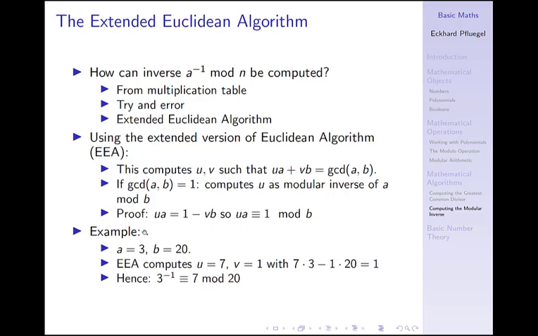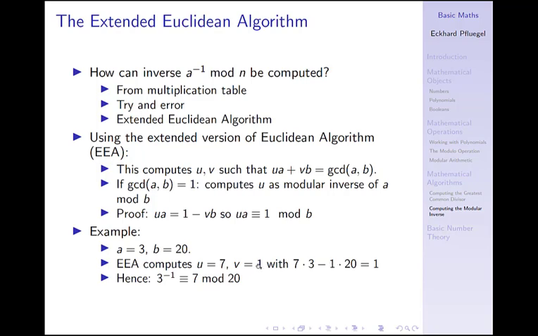So if you look at the example from the previous slide again, we had A equals 3 and B equals 20. If we launch the extended Euclidean algorithm, it will compute numbers U equals 7 and V equals 1, such that, so if you compare this now, it's the linear combination, 7 times the first number minus V, which is 1.